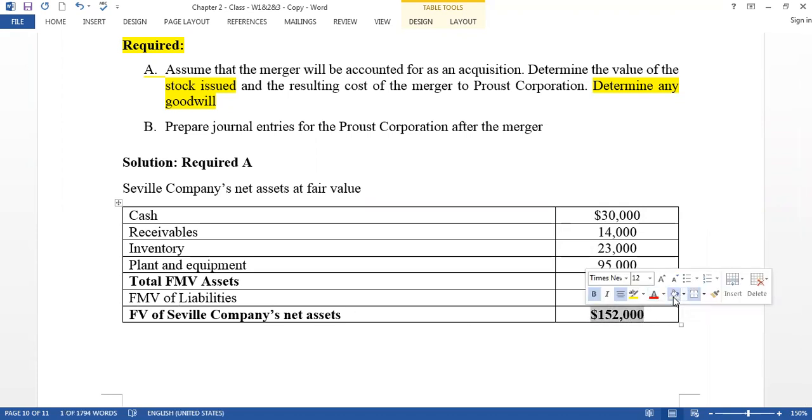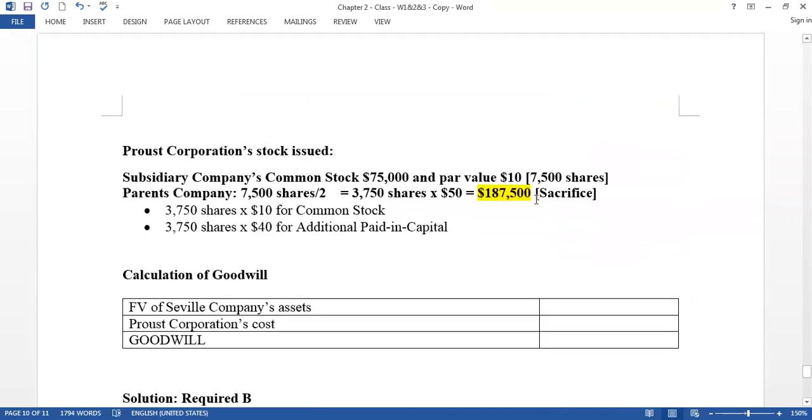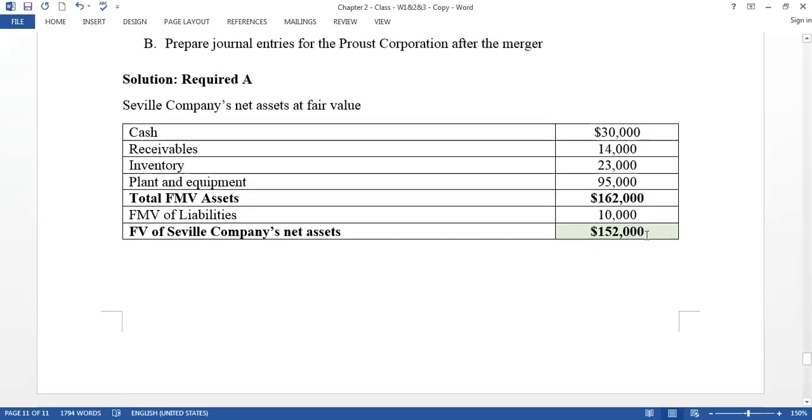So you are going to buy a $152,000 value of company, but you are going to sacrifice 187,500 of shares, right? A value of shares, the dollar amount of shares. So we have a goodwill, right? So this is the net asset we are going to buy.